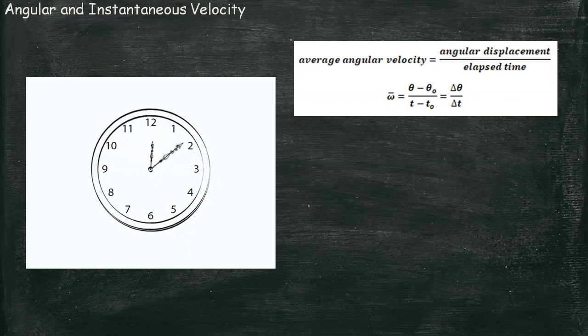The minute hand and the hour hand are moving clockwise, and it gives us a negative value of angular velocity. Otherwise, if it moves counterclockwise, then it is positive. So again, it is the sign convention, but it depends upon your reference or what direction you're going to set as your positive direction.